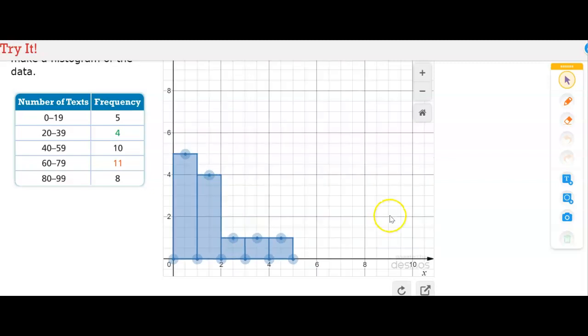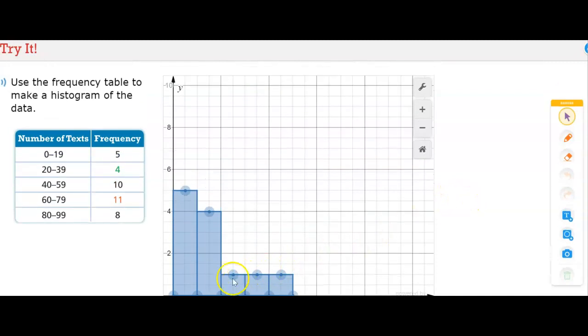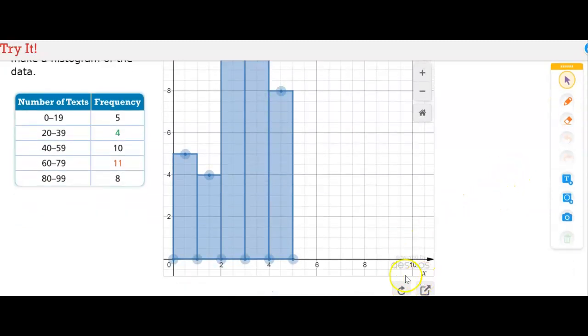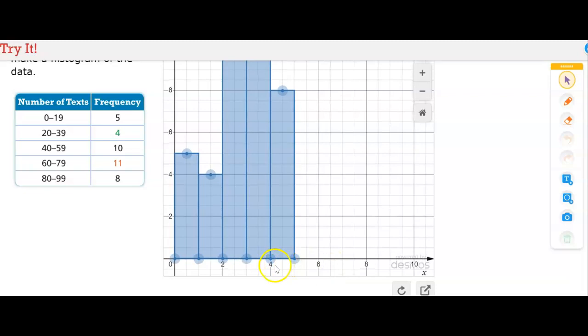40 to 59 is going to be 10 people. 60 to 79 is 11. Oh, it doesn't go above there. Okay, and then 80 to 99 would be 8 people. It doesn't let you change the bottom.